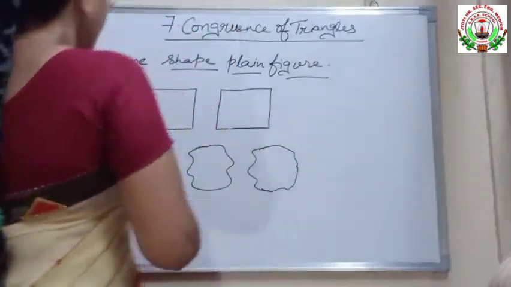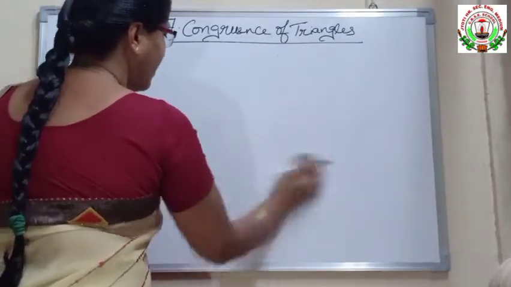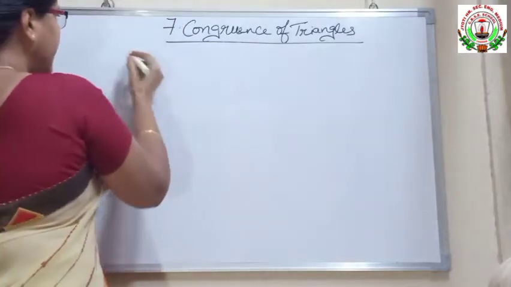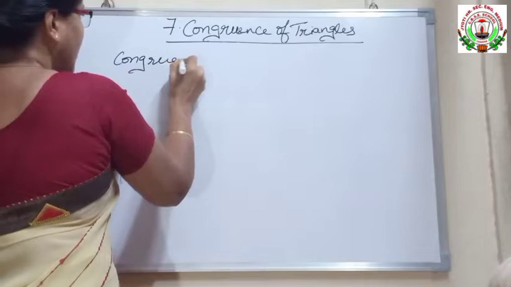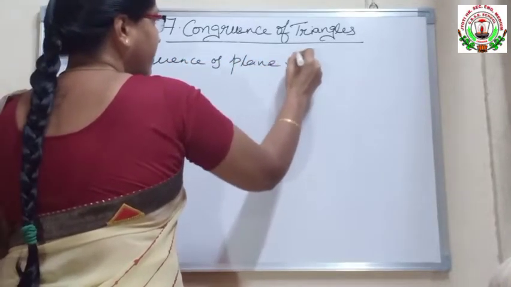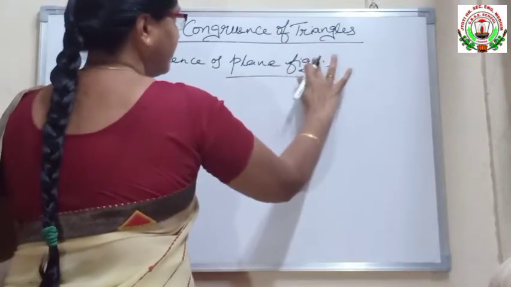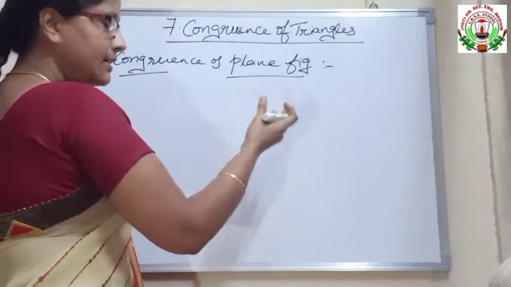So we can take congruence of plane figures. As I said, I have taken here in the example first a square.